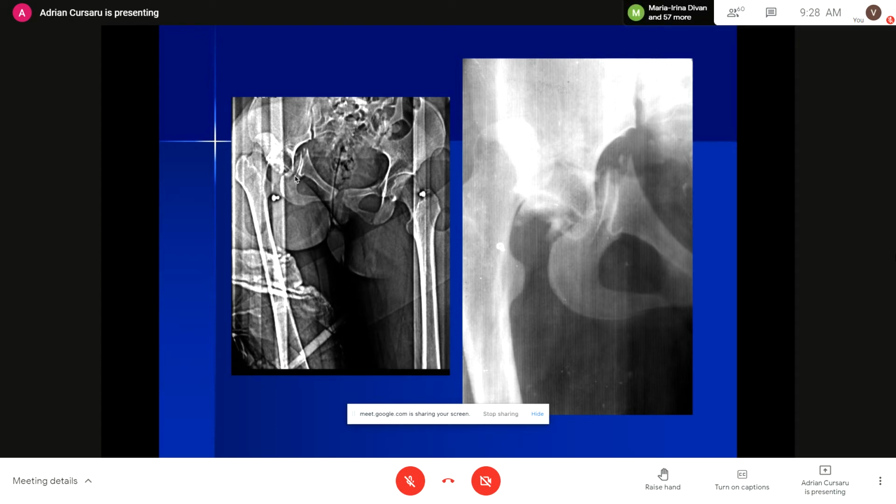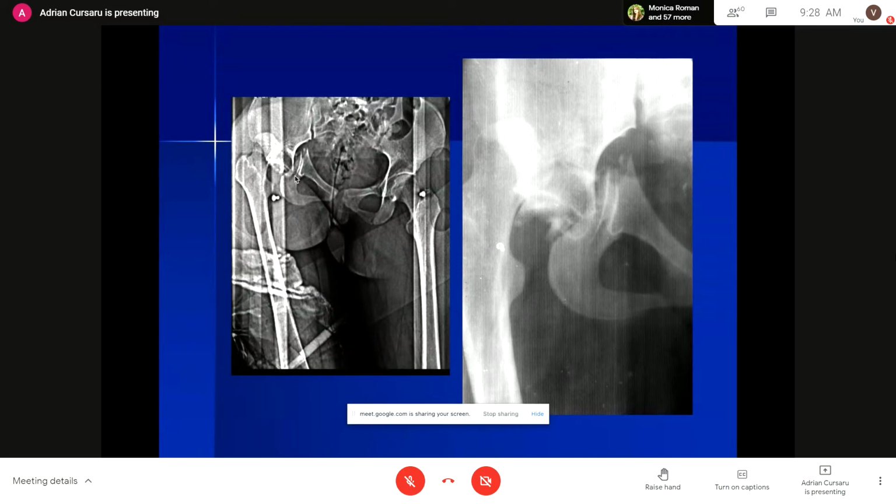Because you know, it is very important to establish the type of fracture, if it's an open or closed fracture. You have to determine that at the clinical examination, because on the X-ray you cannot see the soft tissues, and you cannot say if it's an open or closed fracture.